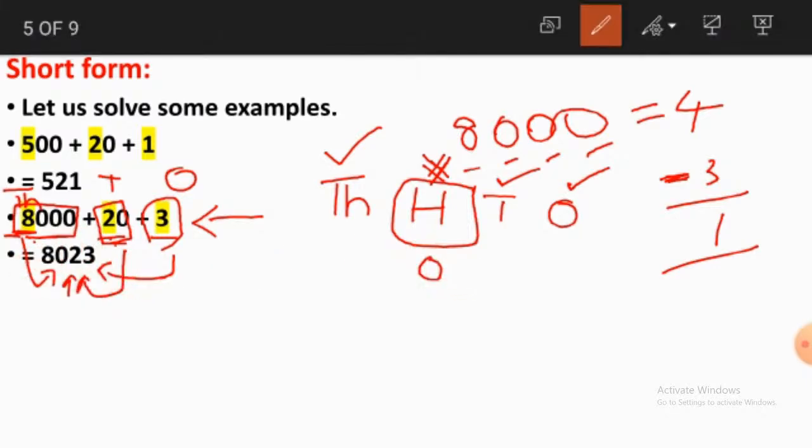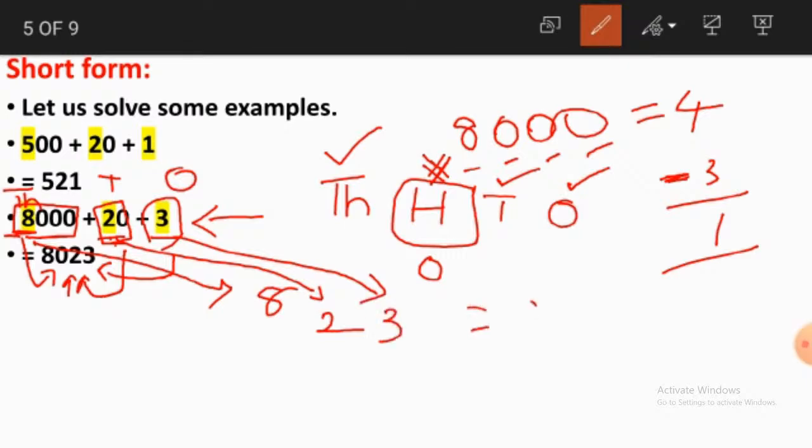What will happen if we do not write 0? We'll take the first digit 8, and then here we'll take 2, and then here we'll take 3. The number will be 823. But in the question, the place value of 8 is given as 8000.